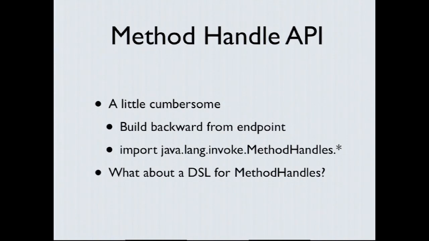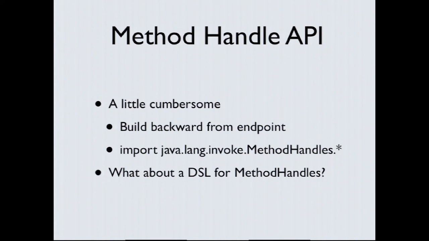Now, the next problem we ran into is in using invokedynamic and wiring up these handles, the method handle API is, like a lot of Java APIs, very low-level and kind of cumbersome in some cases. The biggest issue that I had with it is that you were always kind of building backward from an endpoint. You have to get a handle to the target method and then juggle arguments sort of in reverse order back to where you've got your call that you want to wire up to that particular target.